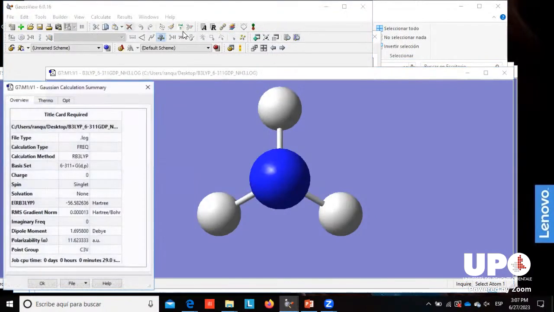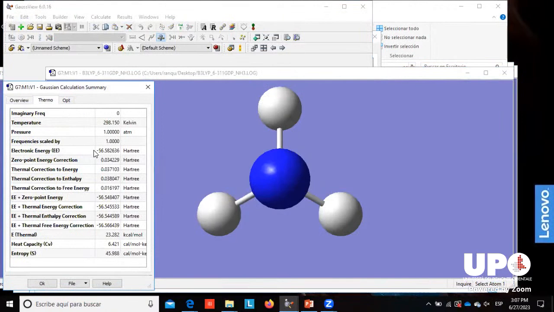Results summary, thermal, and is this minus 56.566.439, okay? All right, and this is for the ground state. Okay, this is in Hartrees.